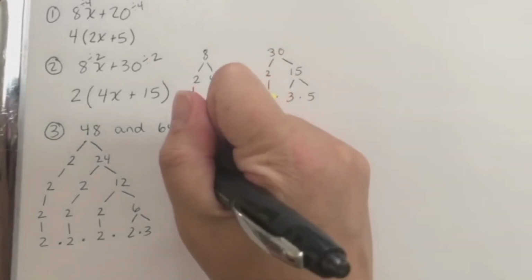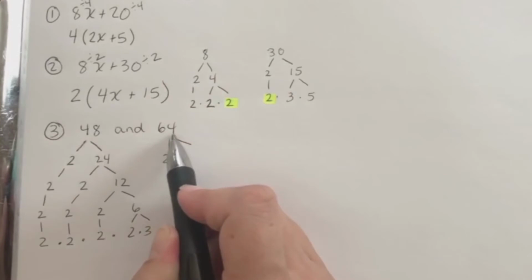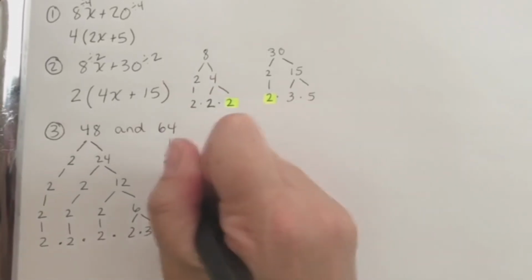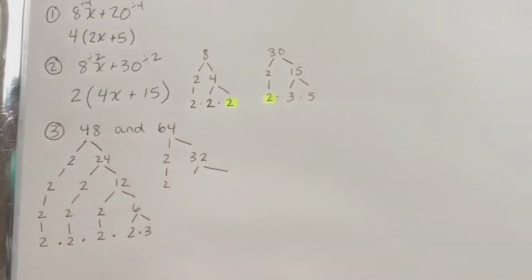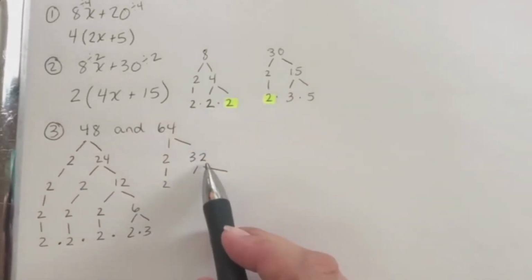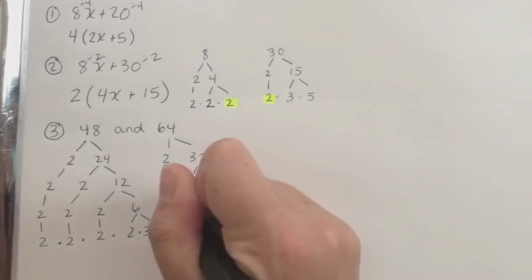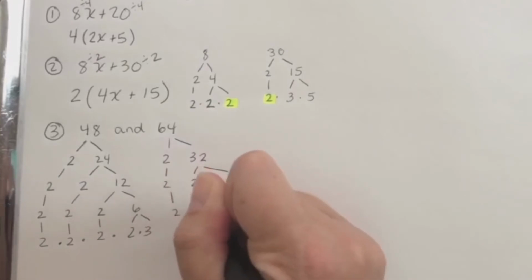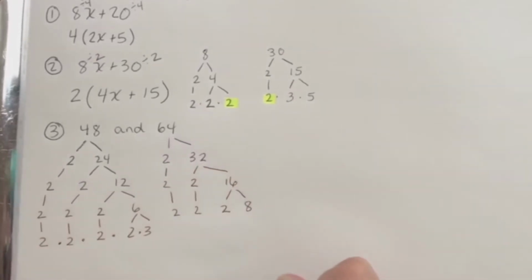Let's do 64. 2 times 32. 32 divided by 2 is going to be 16. So 2 times 16. 16 divided by 2 is 2 times 8.